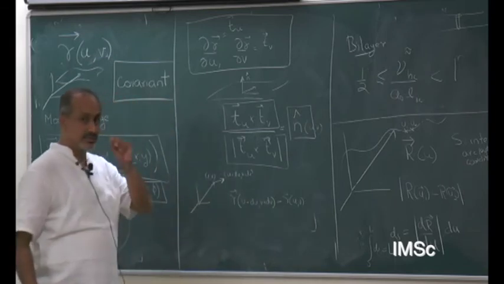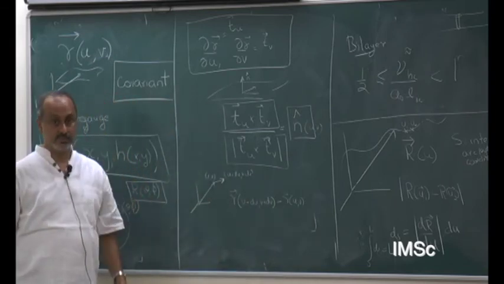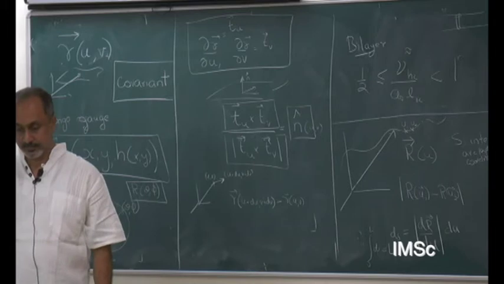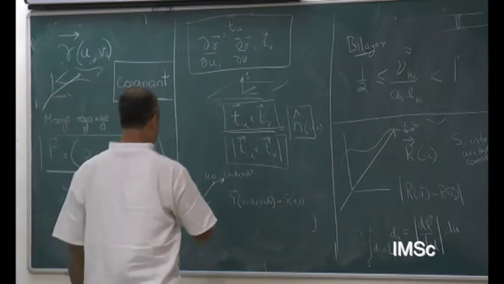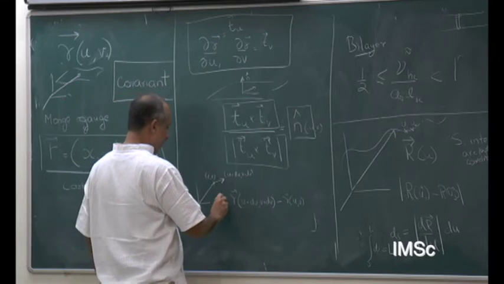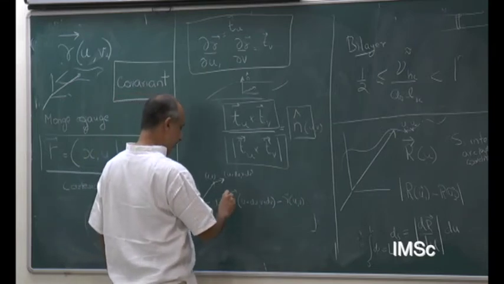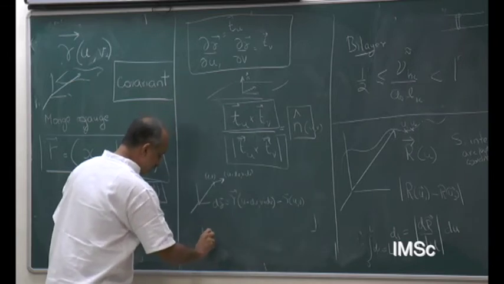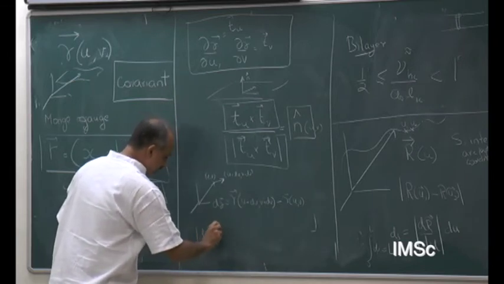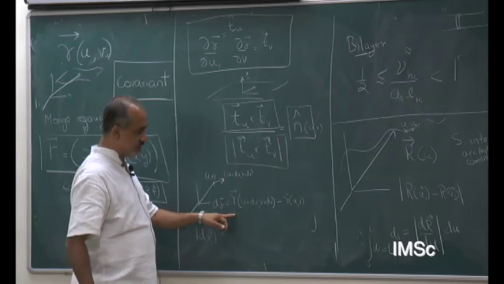The modulus of this is the distance between these 2 points. Let me call this dr. So dr squared is just this object.